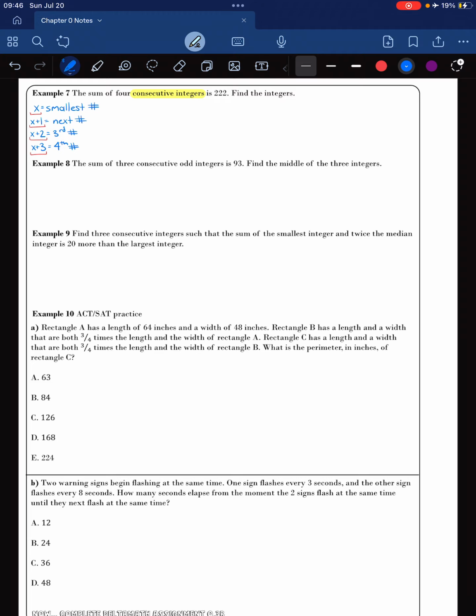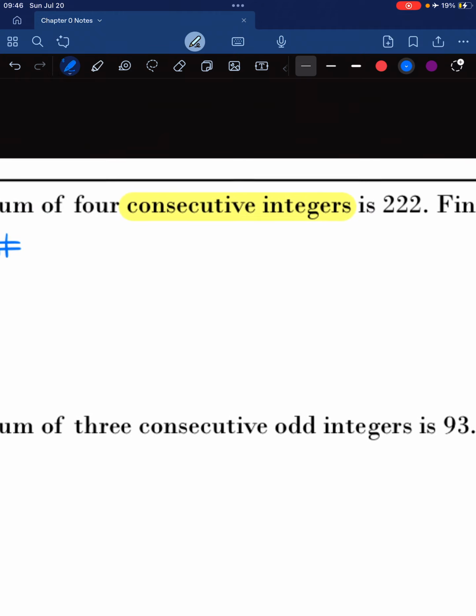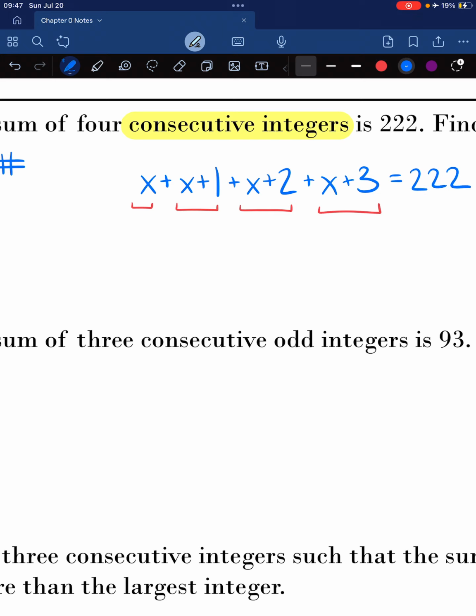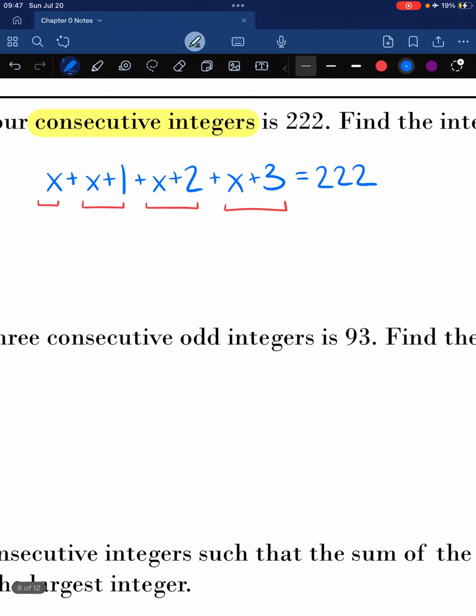Find the integers. So I add all of those representations together and set it equal to 222. So I have x plus x plus 1 plus x plus 2 plus x plus 3. There's my 4 numbers, and the sum of those numbers is 222.